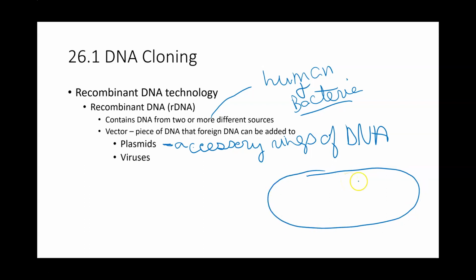So here's the bacterial cell, and we have this region in the bacterial cell where their chromosome is located, and that's called the nucleoid region. But bacteria also can have accessory DNA rings, and so those are plasmids.